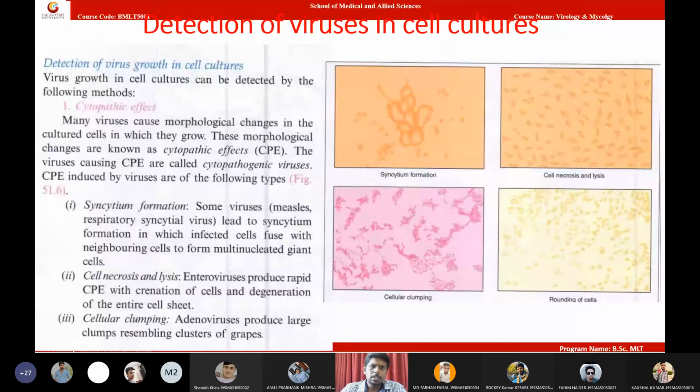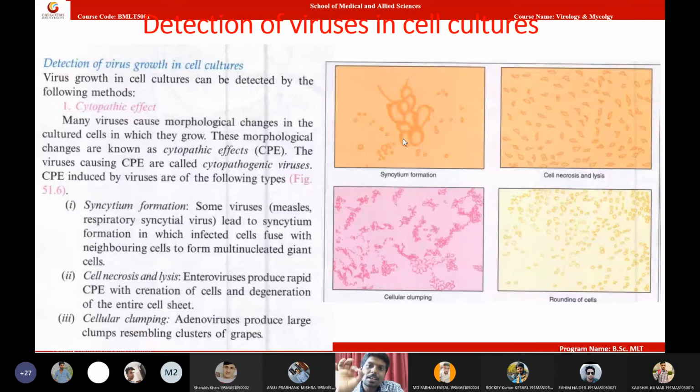Now measles virus will show syncytium formation. Then there are some viruses that will show cell necrosis. For example, hepatitis B virus. Hepatitis B virus will attack the hepatic liver cells and cause necrosis. That means it will kill the liver cells.